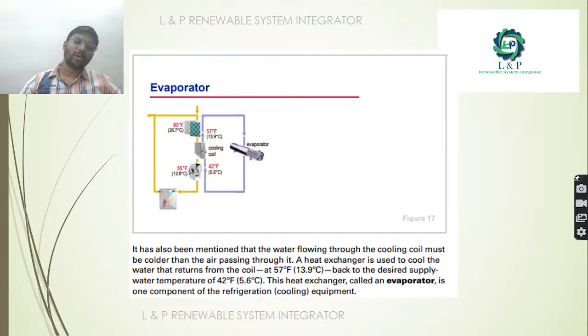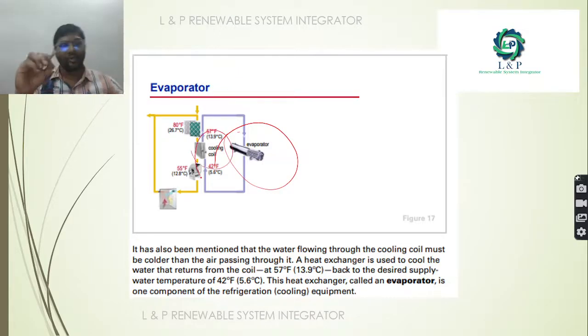Next and foremost important thing is the evaporator. As we told earlier, apart from the cooling coil, if you want to reduce the temperature further, you can seek the help of another important heat exchanger, that is the evaporator.